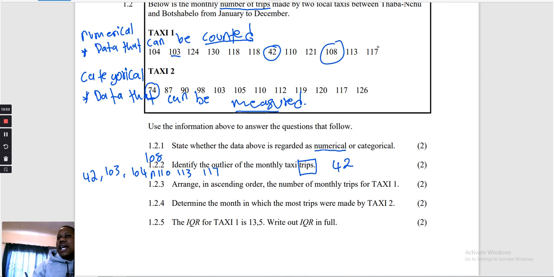Then I have 117. Then I have 118, 118. Then we have 120, 121, and 124. I think I'm done.